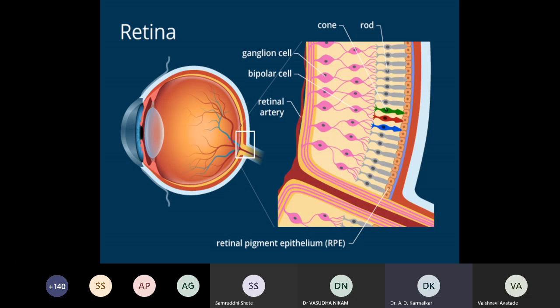The ganglion cells are very important cells. Along with that there are other cells like association cells, horizontal cells, amacrine cells, and one supporting cell, the Muller cell, which we'll see in the coming slide. So this is a simple diagram for understanding the histology part.